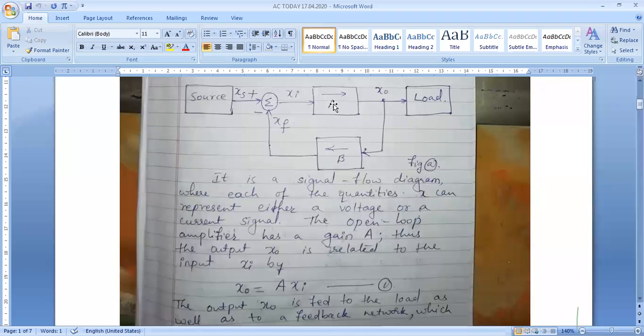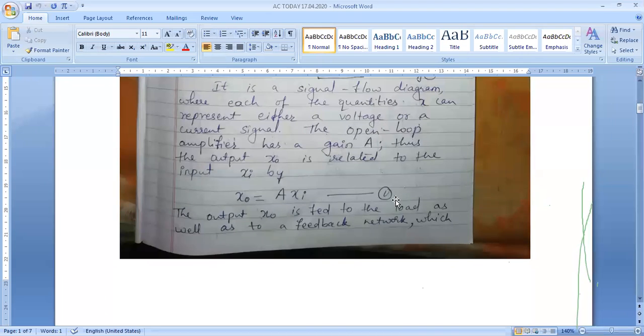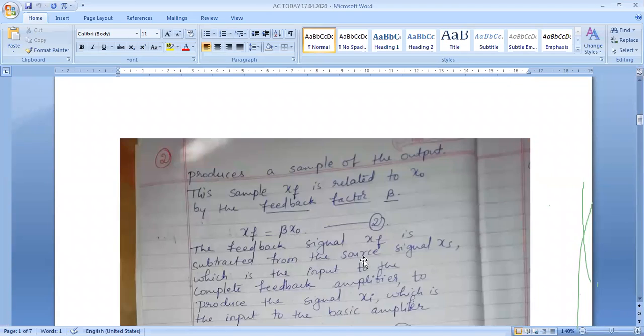So the output of this amplifier is X0, which is equal to A times Xi, correct? This is written as equation number 1. Now I already told you the output of this feedback network is XF, which is equal to beta times X0. Means you are tapping some part of the output and feeding it back to the input.